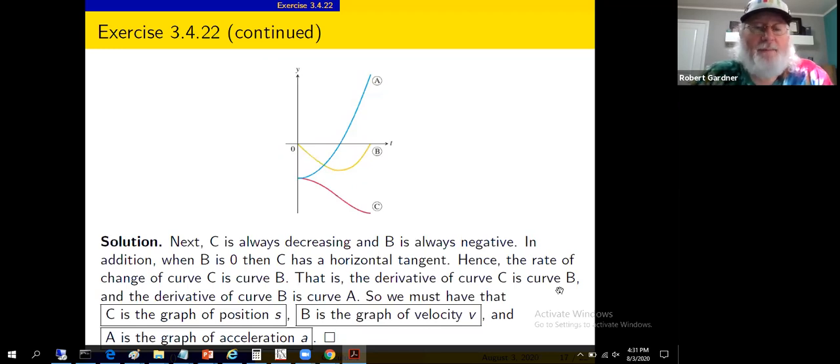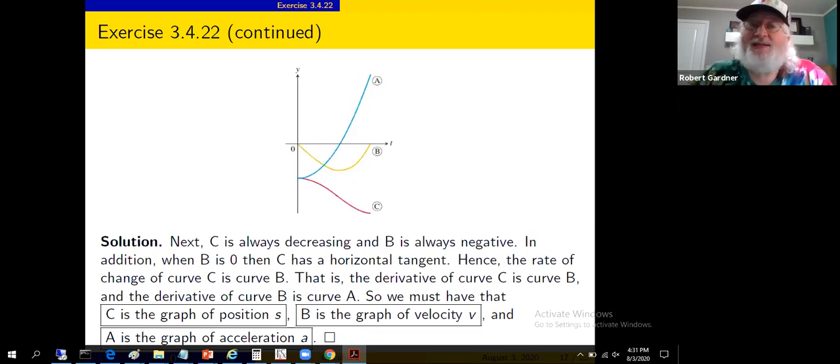So here's what we've got. If you buy those arguments, then the derivative of curve C is curve B. The derivative of curve B is curve A. That's what we argued on the previous slide.